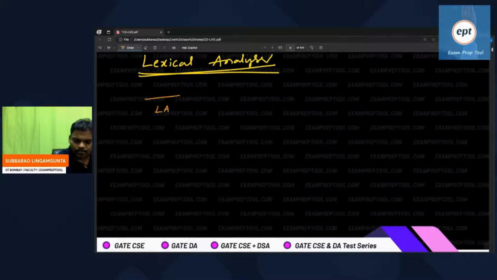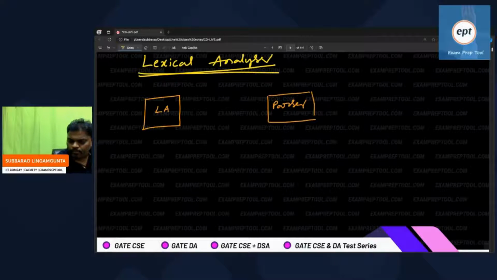This is the parser, which is also called syntax analyzer. Parser means syntax analyzer. And this is the symbol table. Careful everyone, it is a symbol table.